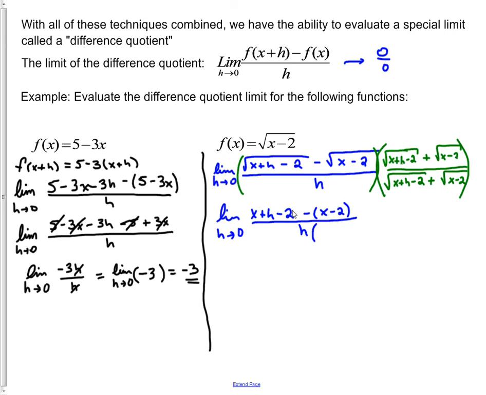Let me move things over. h times our square root expression down there, square root of x plus h minus 2 plus square root of x minus 2.